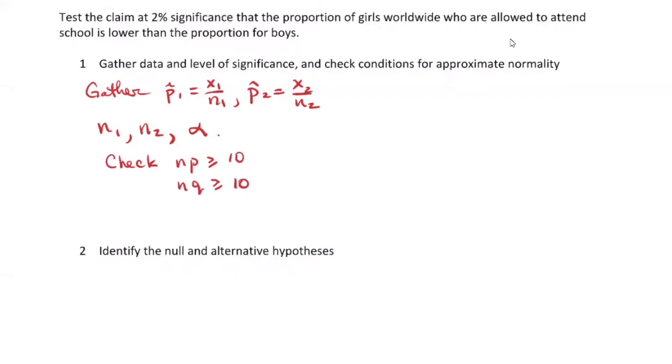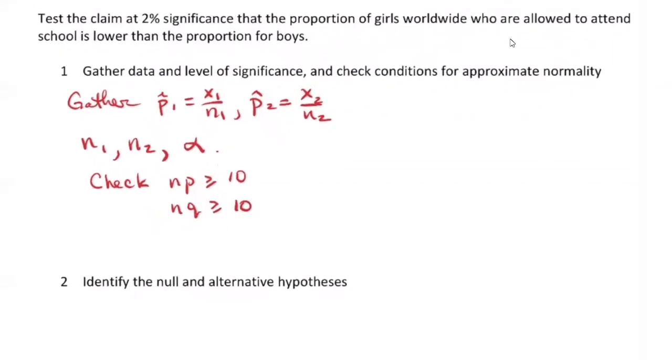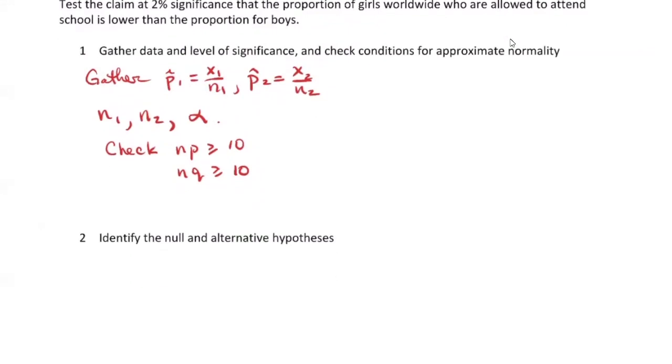But P and Q are population proportions, and nobody surveys whole populations, so you're not going to know P and Q. So we'd put a hat on these and say N times P hat. Now, just real quick, N times P hat is N, and remember P hat is X over N. So the N's cancel. This is just X. So N times P hat is actually the number of successes.